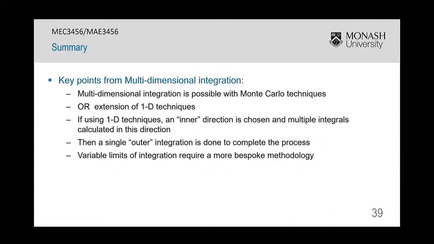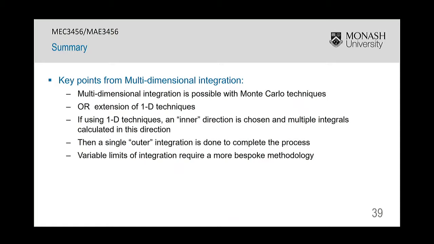So in summary, the key points from multidimensional integration are, first of all, it's possible with Monte Carlo techniques, but they're not usually recommended. You can also do it by extending the one-dimensional techniques, and that's what I certainly recommend you do. When using 1D techniques, an inner direction must be chosen, or if it's a multi-dimensional case, you might have several inner directions, and then you calculate multiple integrals in this inner direction.